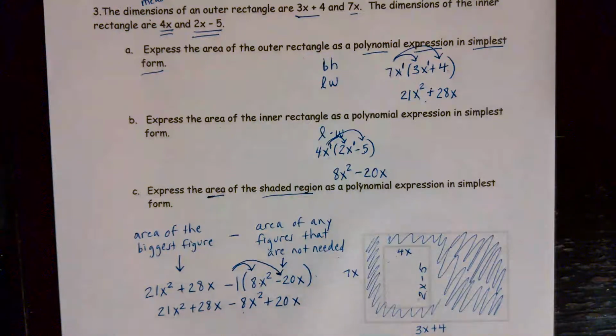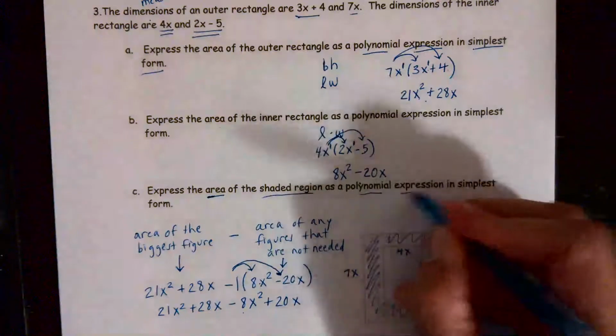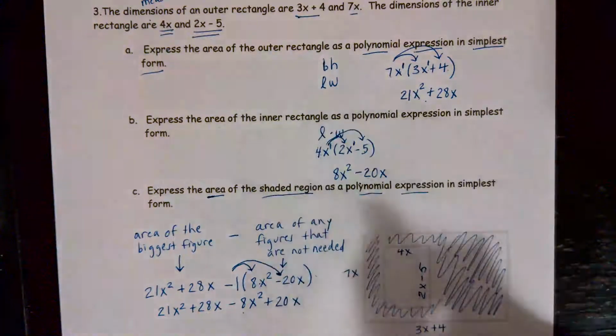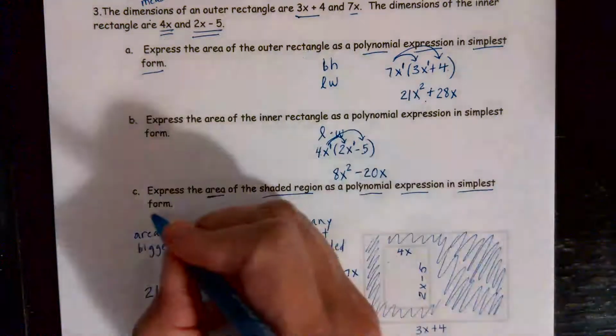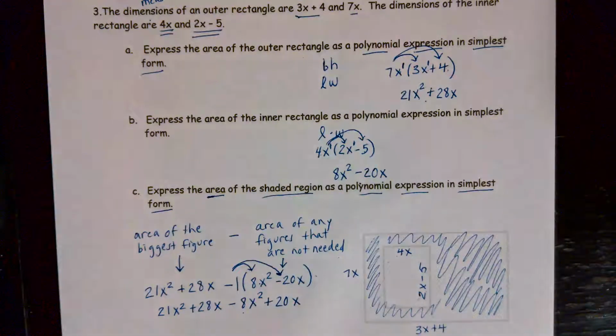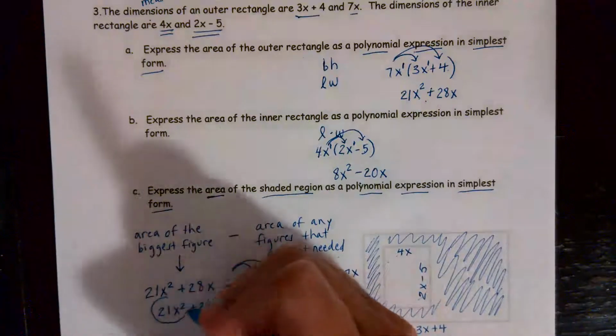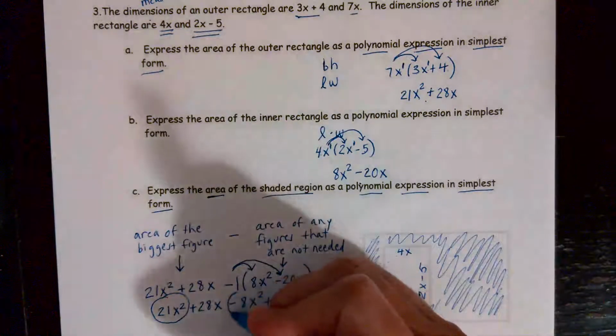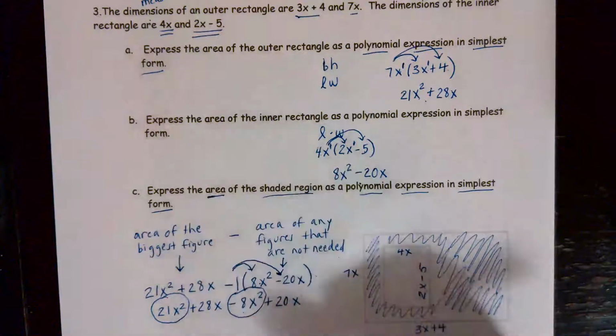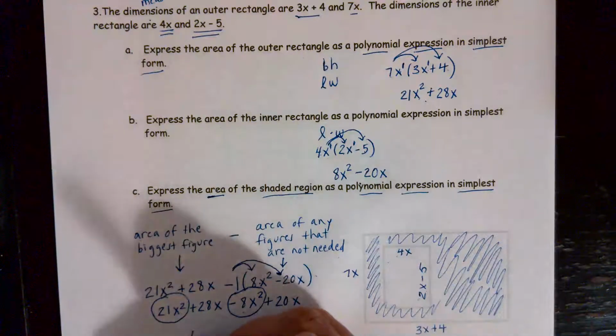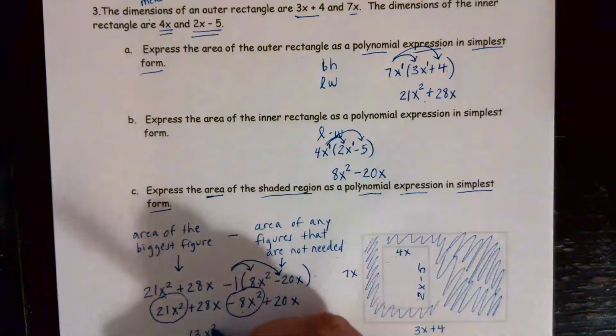And now let's get our final answer, a polynomial expression, so no equal sign, in simplest form. That means we're going to now combine like terms. I know I should be writing my answer in standard form, so I look for my highest exponent, and I notice it's a 2. So I have 21x squared, and I'm going to subtract 8x squared, and that will give me 13x squared.